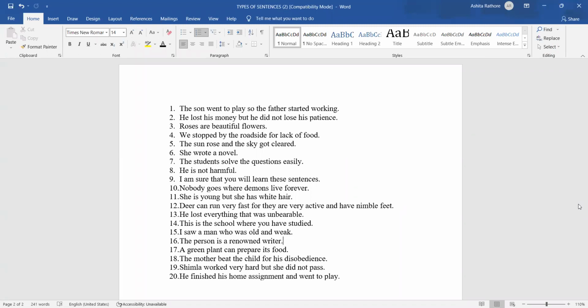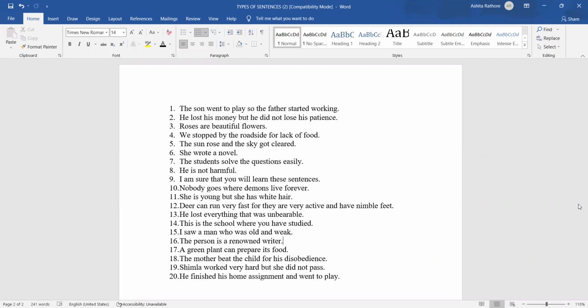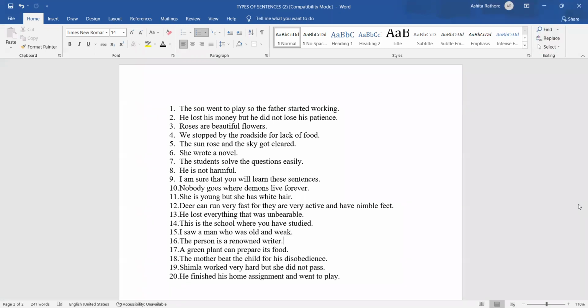He finished his home assignments and went to play. Okay. Complex. Compound. Why complex? He finished his home assignments is independent, and went to play would be dependent, so compound.